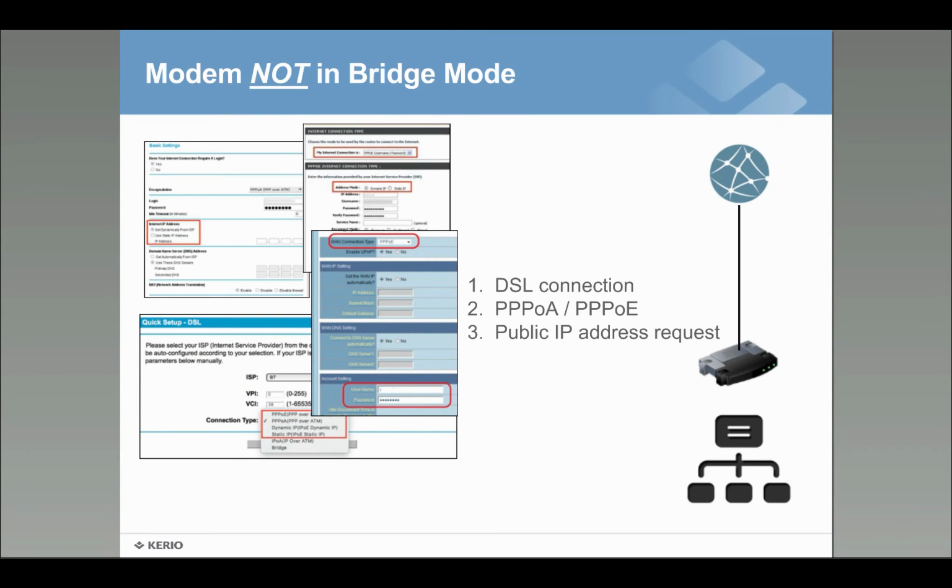If you're using the router mode, you connect to the telco with the DSL connection, provide the credentials using the point-to-point protocol, and request the IP address. By doing this, you're actually exposing your router again.